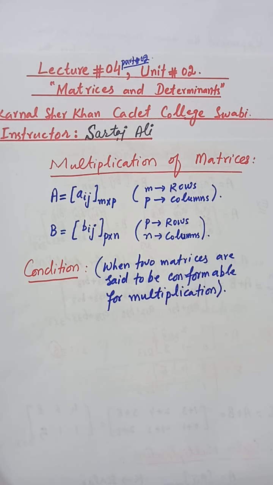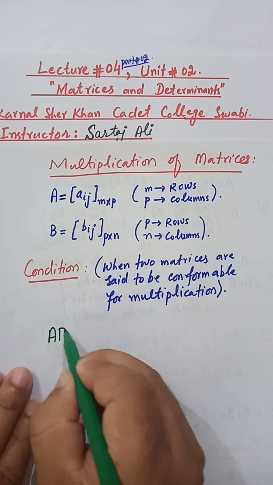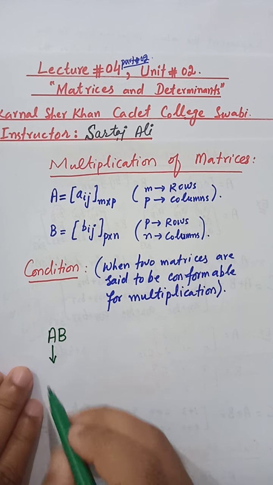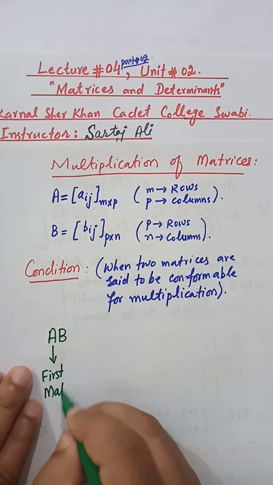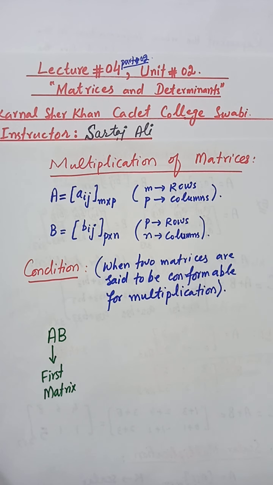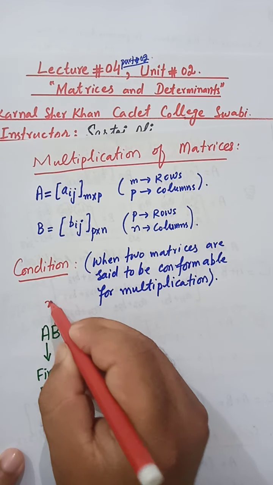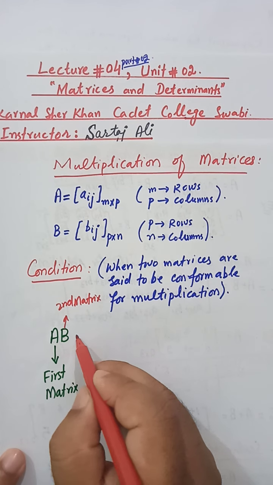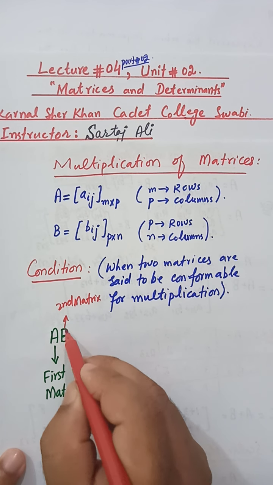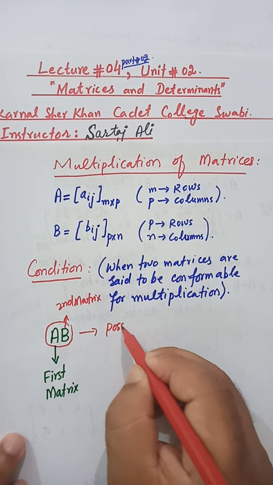What is the condition? If you are multiplying A with B, this is your first matrix and this is your second matrix.